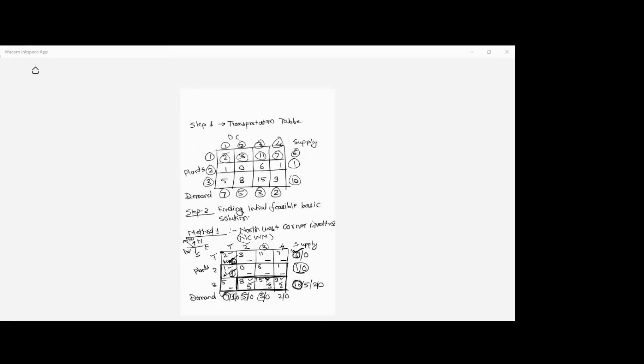Similarly, distribution center 2 requires 5 million liters of milk, and we have supplied 5 million liters. Distribution center 3 requires 3 million liters, and we have supplied 3 million liters. Distribution center 4 requires 2 million liters of milk, and we have supplied 2 million liters, right?